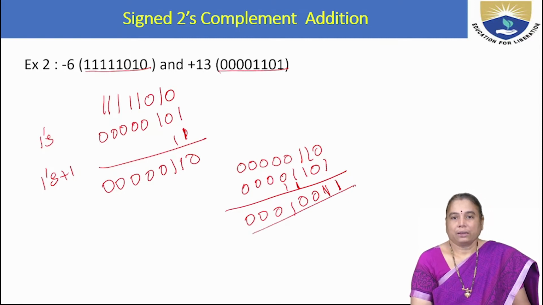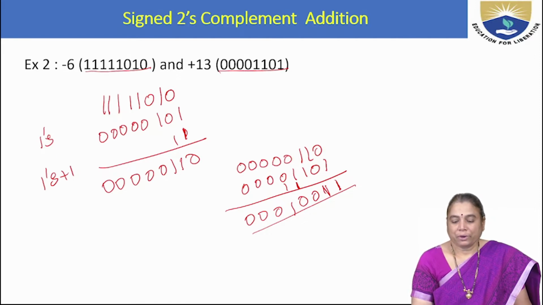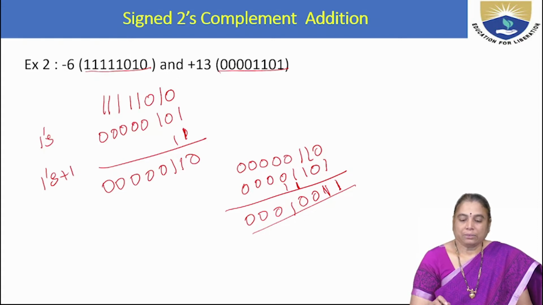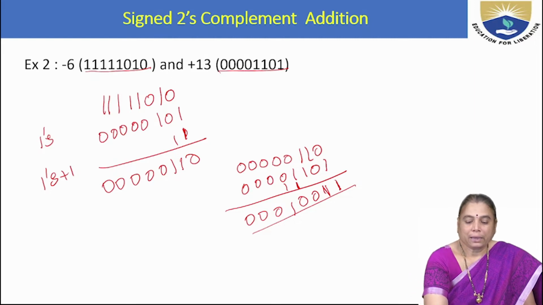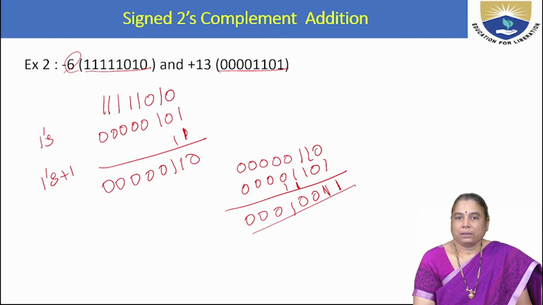So this result has to be represented in the 2's complement magnitude value in order to get the actual decimal position. So in this way the negative number can be represented in 3 forms. Generally in the calculation 2's complement form can be considered.